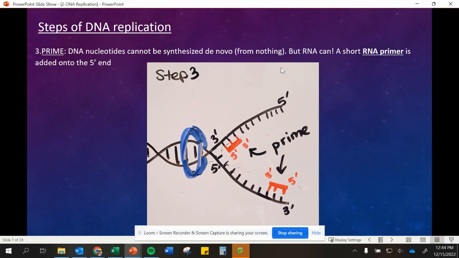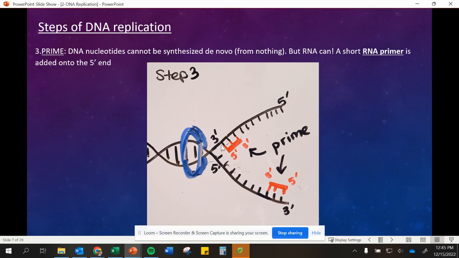But RNA actually can, and this deals with the OH group found on RNA that's not found on deoxyribonucleic acid.